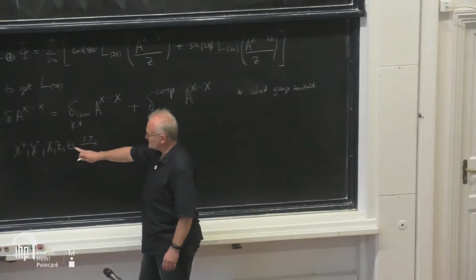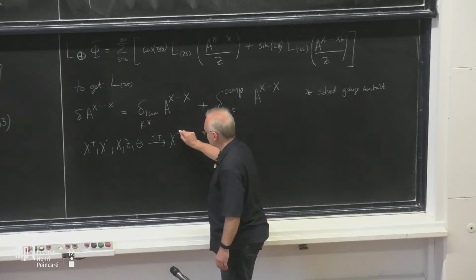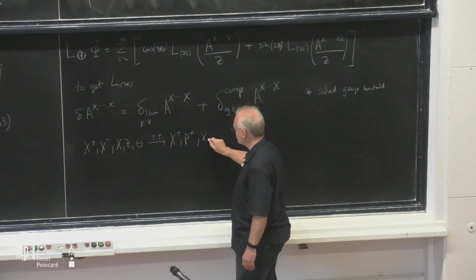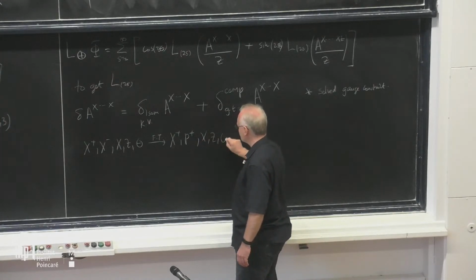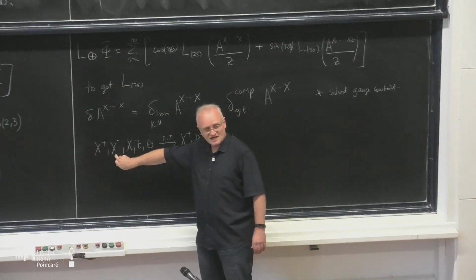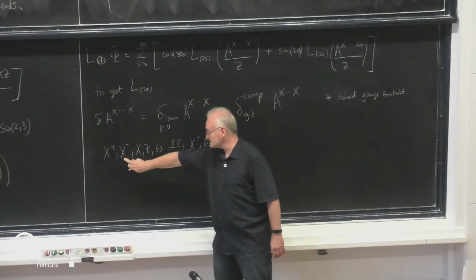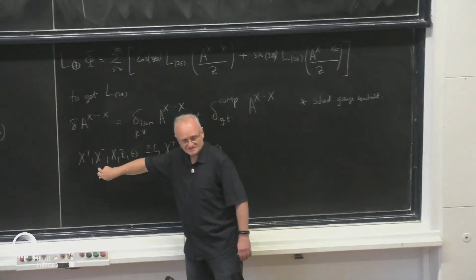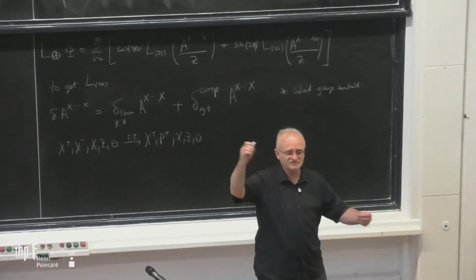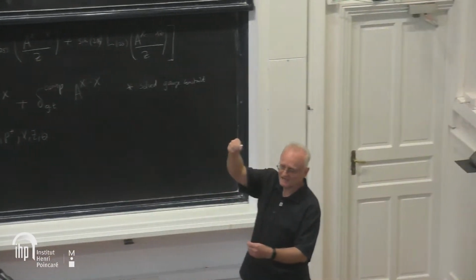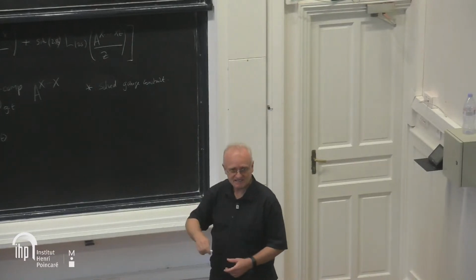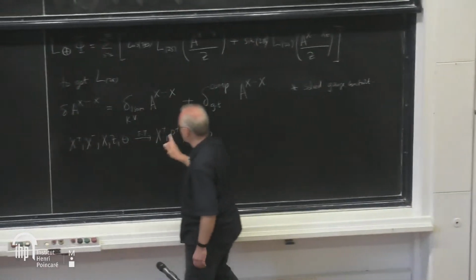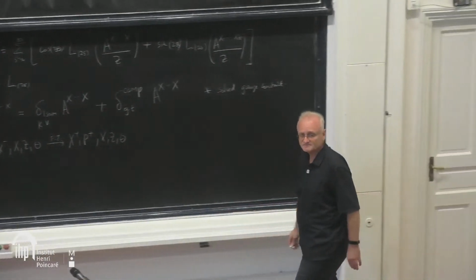If we do a Fourier transform on x minus, then we've got x plus, p plus, x, z, and theta. So under Fourier transform, x minus mixes with p plus, the variable that's conjugate to x minus. Remember in light cone gauge, the metric is off diagonal, so x minus is conjugate to p plus, and x plus is conjugate to p minus. So this funny minus going into a plus is just a consequence of light cone gauge.